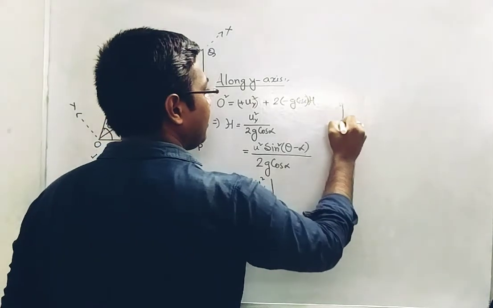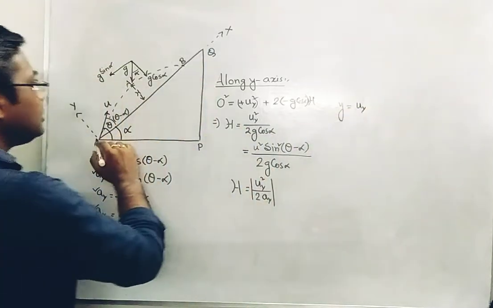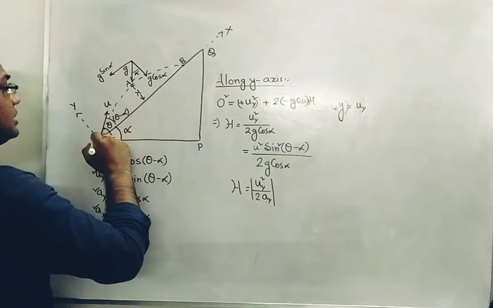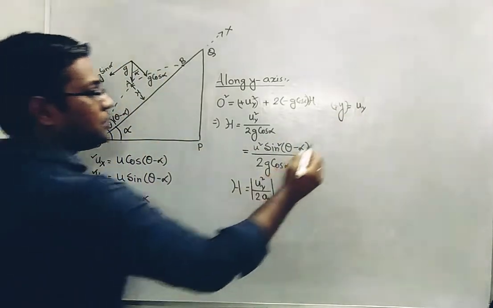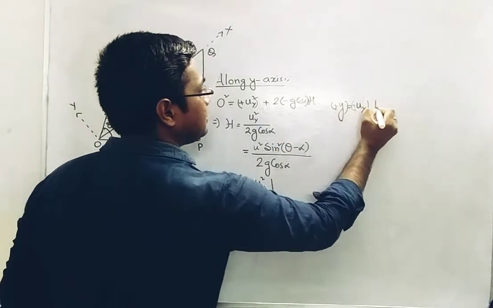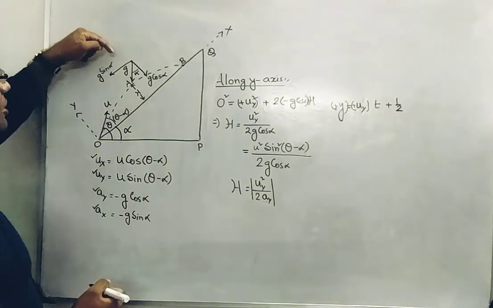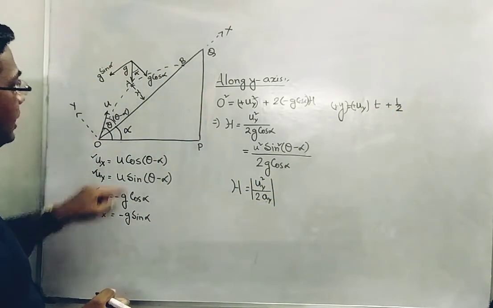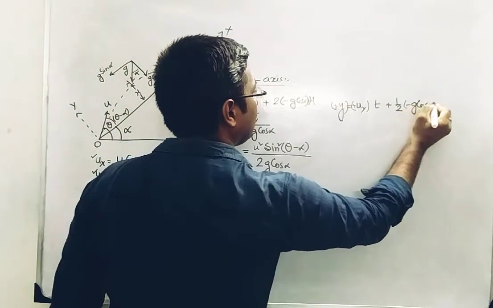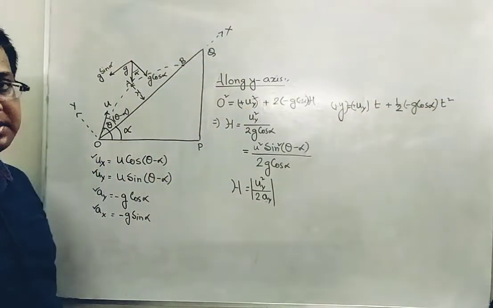The equation is y equals uy times t plus 1 by 2 times ay times t squared, where the acceleration along the y-axis is ay, that is minus g cos alpha. This is the equation of motion along the y-axis.